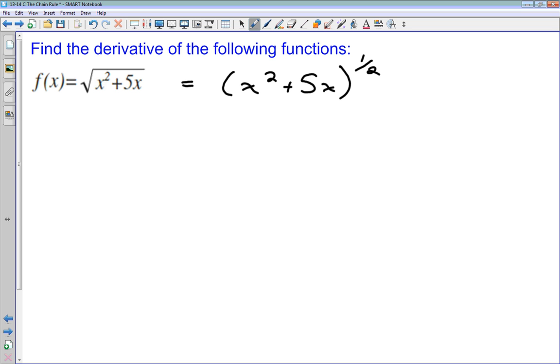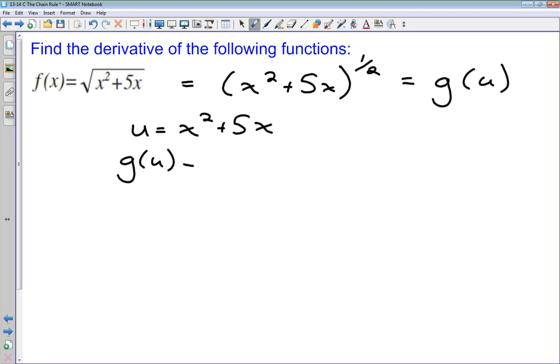Then if we think of this again as some outer function g and some inner function u, the inner function u is x squared plus 5x, and our outer function g at u is something to the power of 1/2. So u to the 1/2.